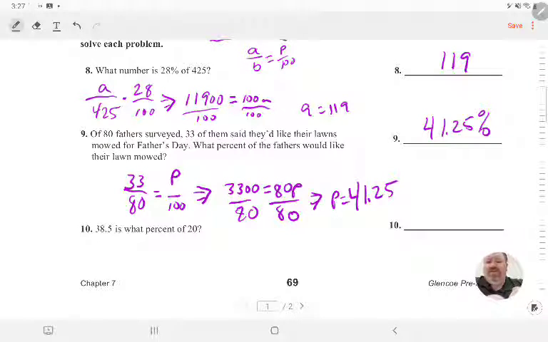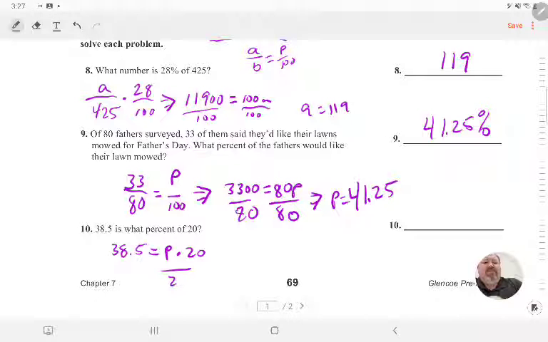Number 10. Now, number 10, we could still do it in the percent proportion, or we could do it as an equation. So 38.5 is what percent of 20? So I could say 38.5 equals P times 20.